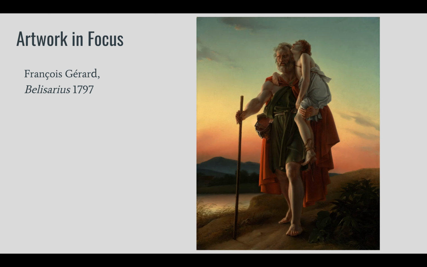So, with that, the artwork I chose is by Francois Girard, Belisarius, perhaps, from 1797. So a little earlier, pre Napoleon, but I think it still fits all of these same themes.